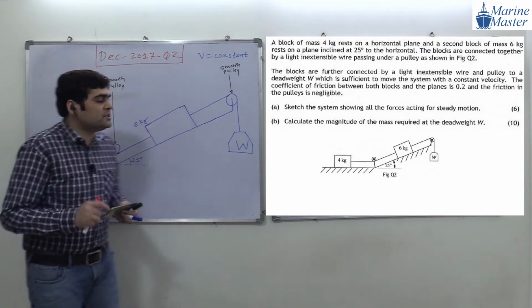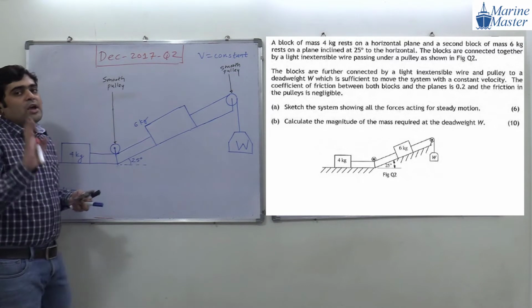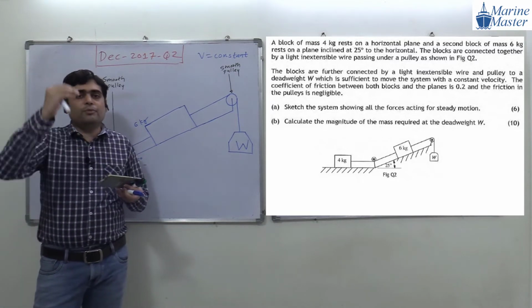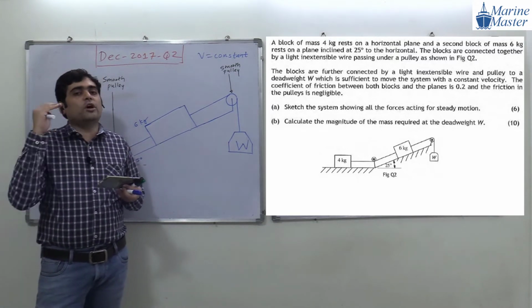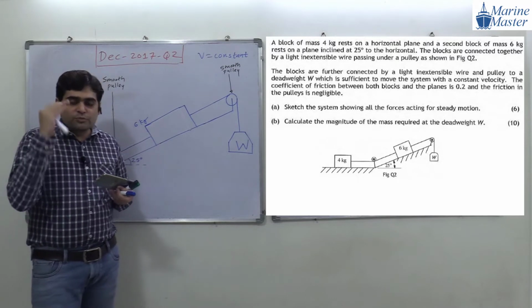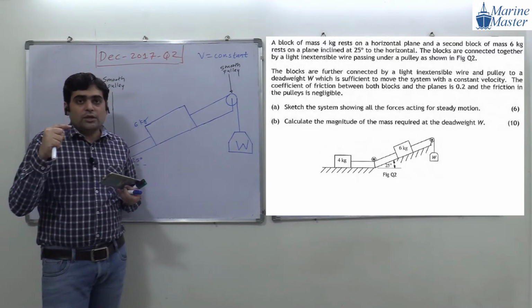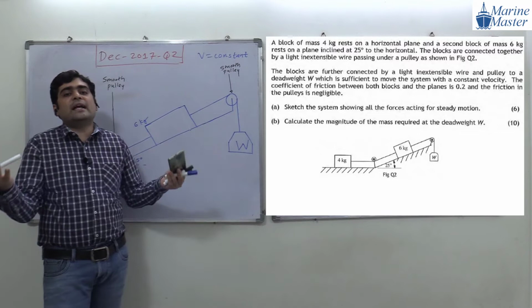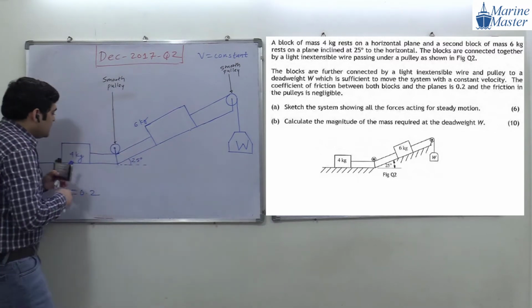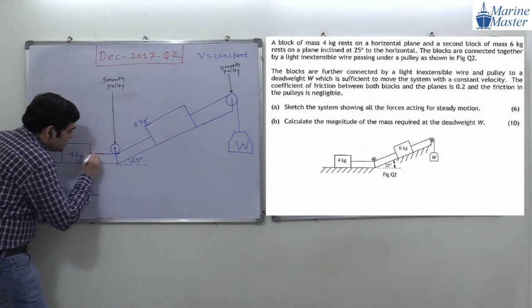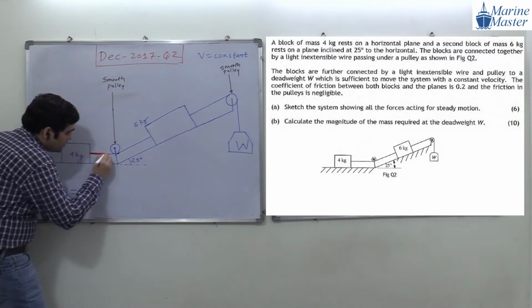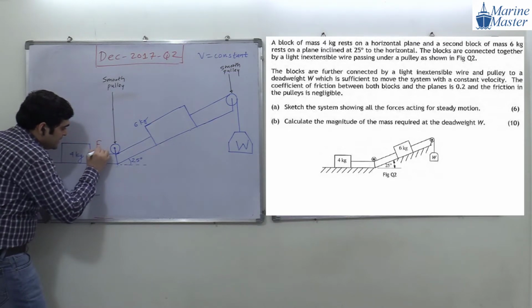When the friction in the pulleys is negligible, smooth pulley, frictionless pulley, or negligible friction, all three have the same meaning. It means whatever the tension on this side, we will say this tension is F1.